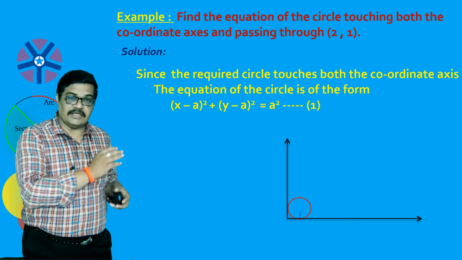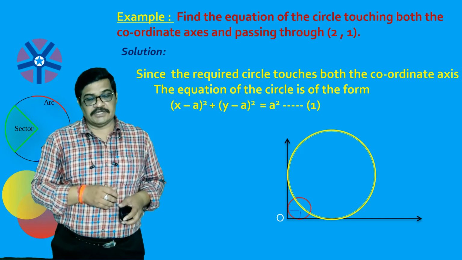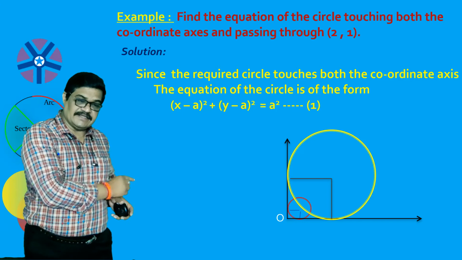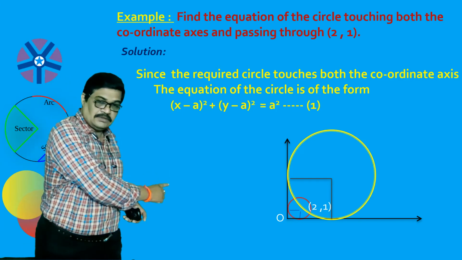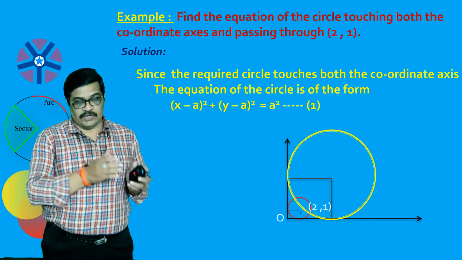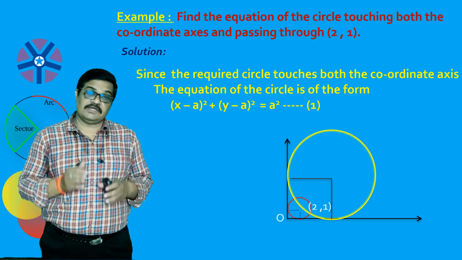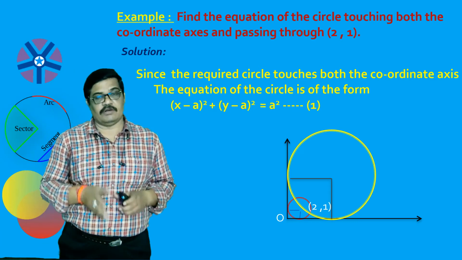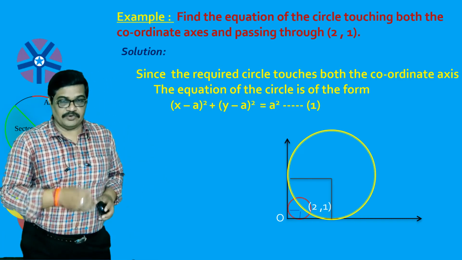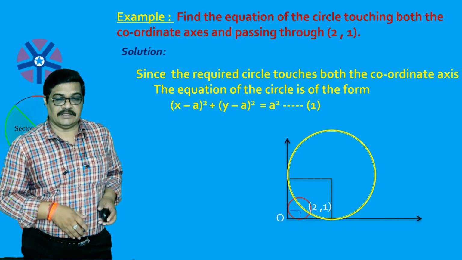We have another circle which is also passing through the point (2, 1) and touching both the coordinate axes. One is a small circle and another is a bigger circle. Now we have to find these circles. How to find the circles?